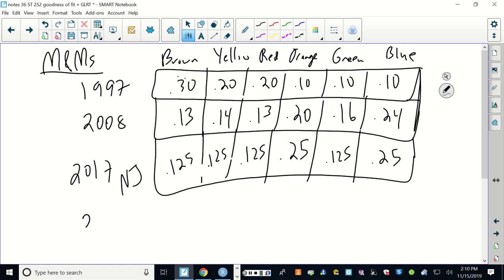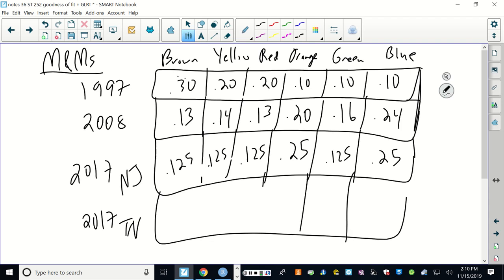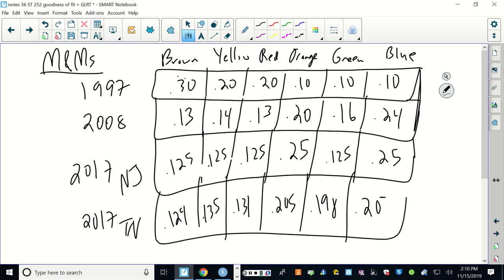And then in 2017, in a factory in Tennessee, an article said they made them 0.124, 0.135, 0.131, 0.205, 0.198, and 0.207. So every single line of this is a model that says this is the distribution that these things have.